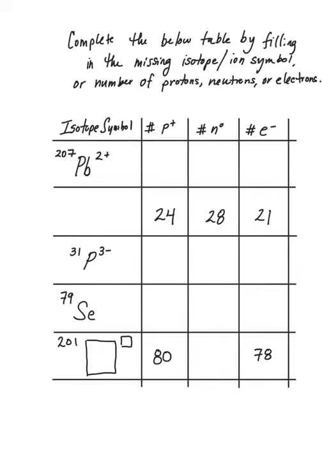Know that protons always identify a substance, and we distinguish unique elements based solely upon the number of protons their nucleus contains. For example, in the first row, we're given the isotope symbol that's got an element lead. Lead will always have the same number of protons no matter which isotope or ion variation it's in.